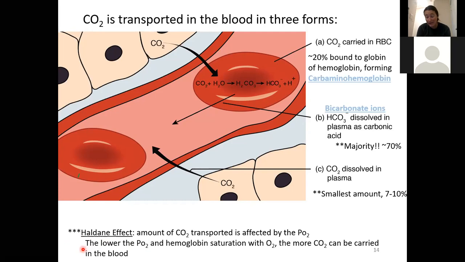So we're going to focus less on that. The Bohr effect is really important and is essentially demonstrated by the oxygen hemoglobin dissociation curve. Note the Haldane effect is not in blue. It's not something you have to recite back for me. The Bohr effect is more important for our class.